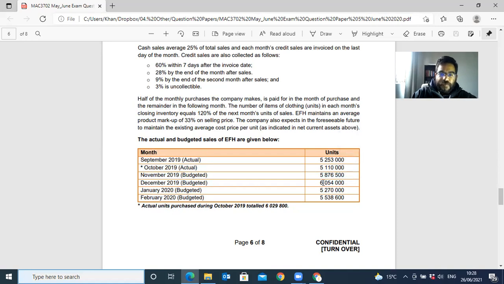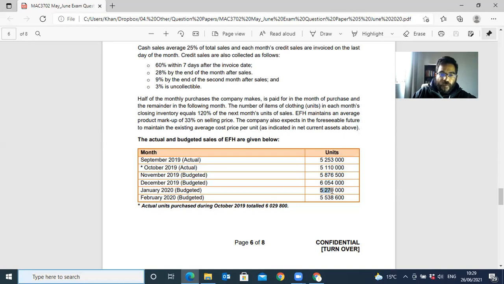Similarly, October's closing balance is November's opening balance. Similarly, over here we would expect November's closing balance to equal 120% of December's sales. And remember, November's closing balance equals December's opening balance.